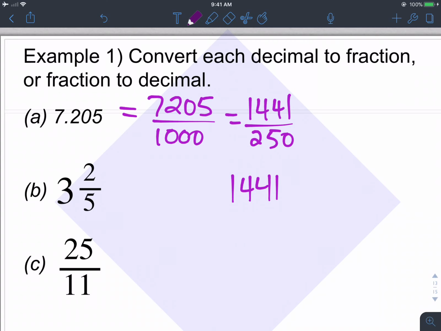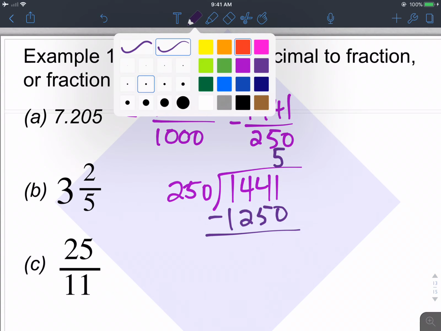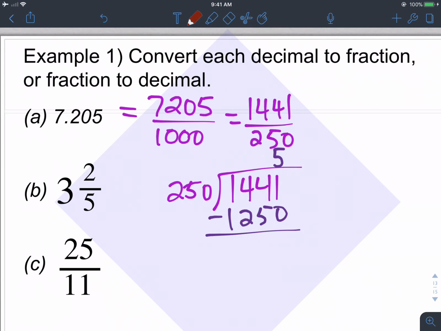So it goes into 5 times. Let's see. 1 minus 0 is 1. 14 minus 5 is 9. 191.